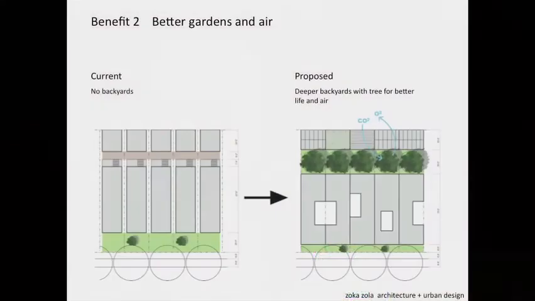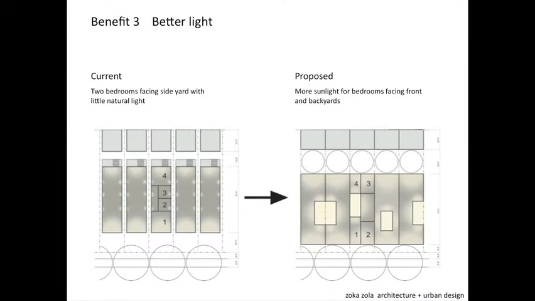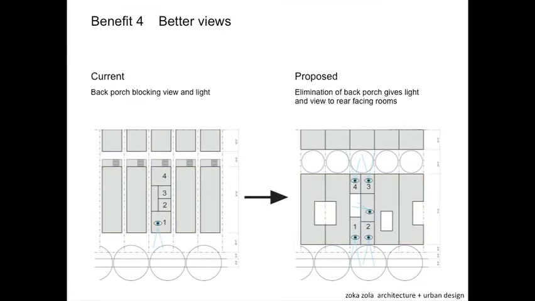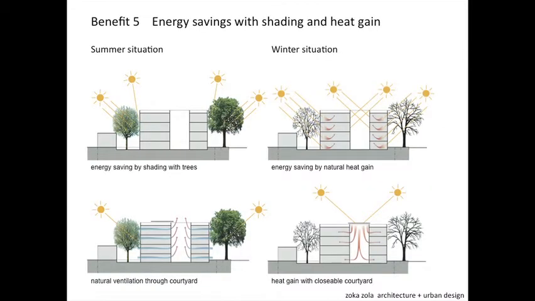Better garden, better air, better light, because before you got light, better views. Trees are in better positions for the shading, which is important for the heat, and easy ventilation. All the things that in Chicago are key, strategic things for sustainability.